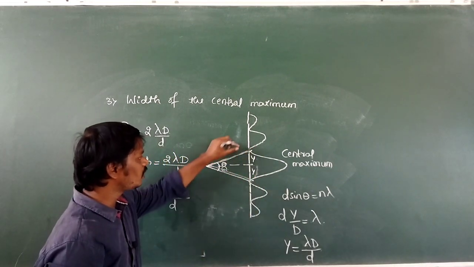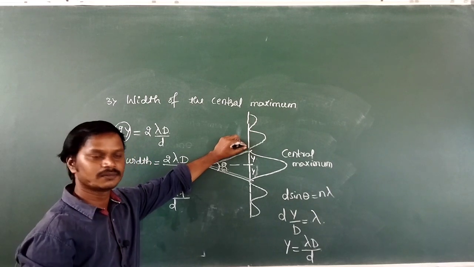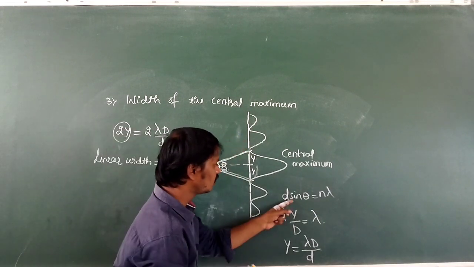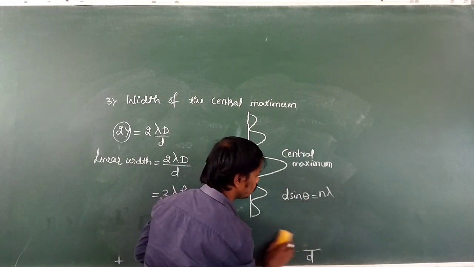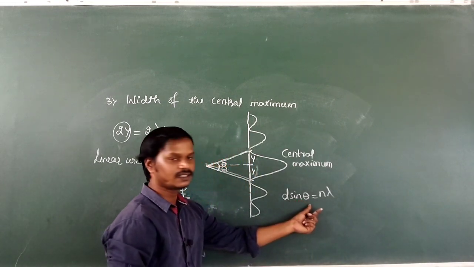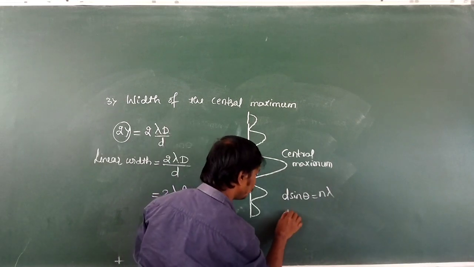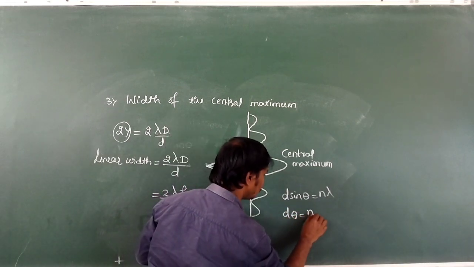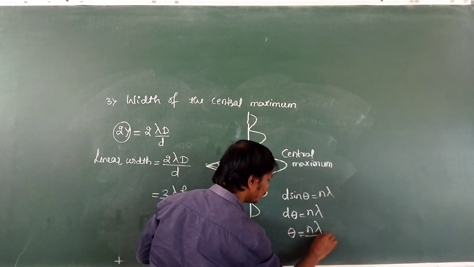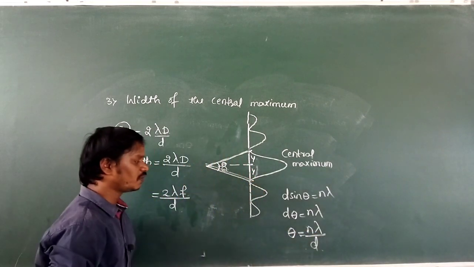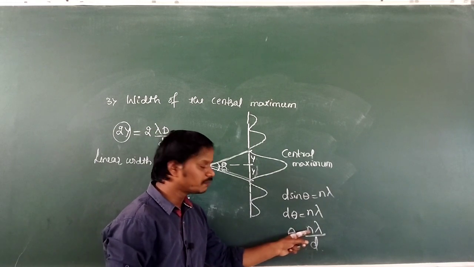Then what is the angular position of the first minimum? For the first minimum, instead of sin theta I will write theta, because for a small angle sin theta can be written as theta. Then d into theta is equal to n into lambda, so theta is equal to n lambda by small d. But for the first minimum, what is the n value?